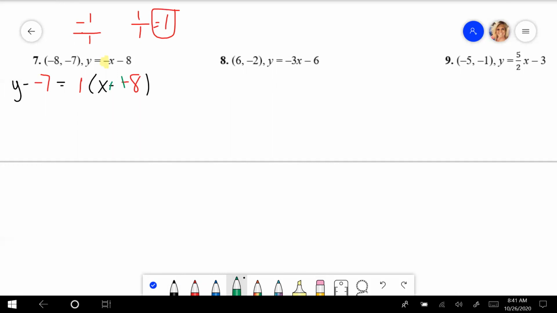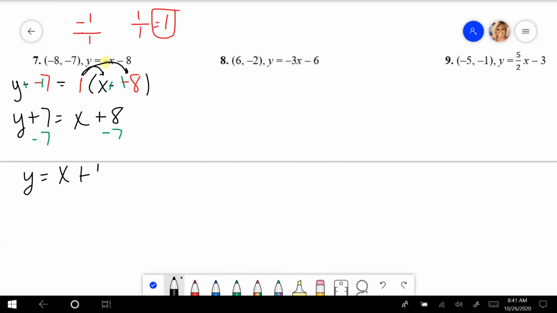They change to positive. So the first part here is y plus 7 equals 1 times x is 1x. 1 times 8 is 8. Then we subtract 7 from each side. We get y equals x plus 1. The line that is perpendicular to this line and goes through this point.